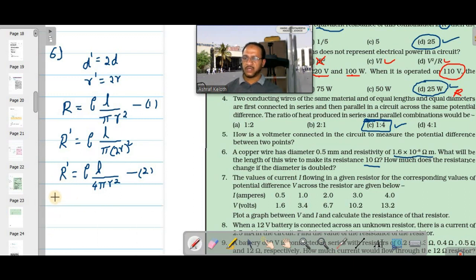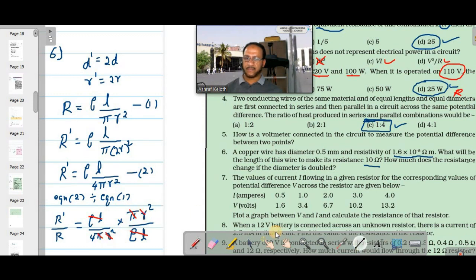Now we want to find the new resistance R dash. So I will write R dash by R, meaning you have to divide equation 2 by 1. Left hand side will be R dash by R, R is the initial resistance, equal to right hand side rho into L by 4 pi R square, and instead of dividing I am multiplying with the reciprocal of equation number 1, pi R square divided by rho L. Here rho L will get cancelled.